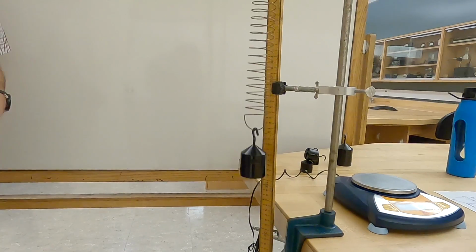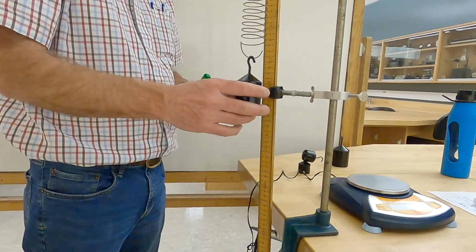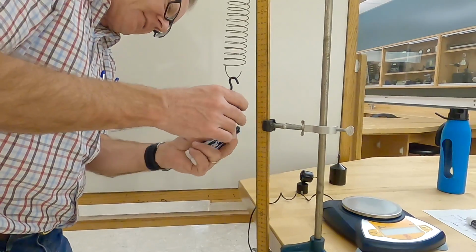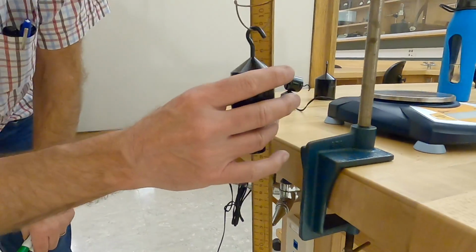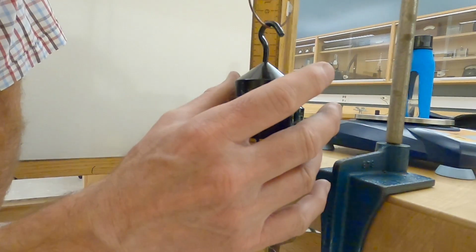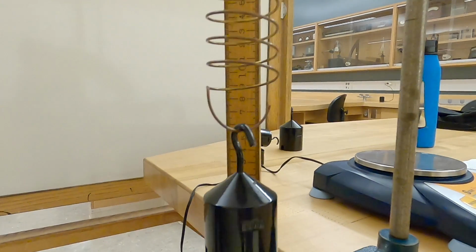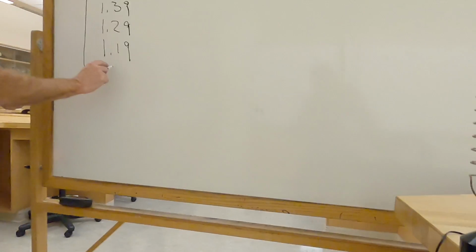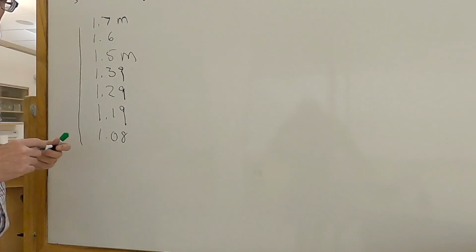Okay, so now we have 0.5 right here. Next, we'll put on 0.6. So that takes me down to about 1.08. Again, S is this minus this.